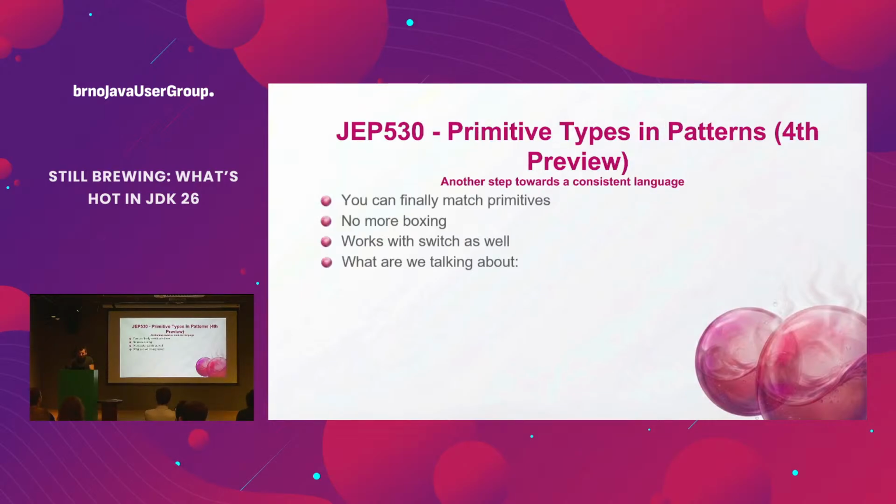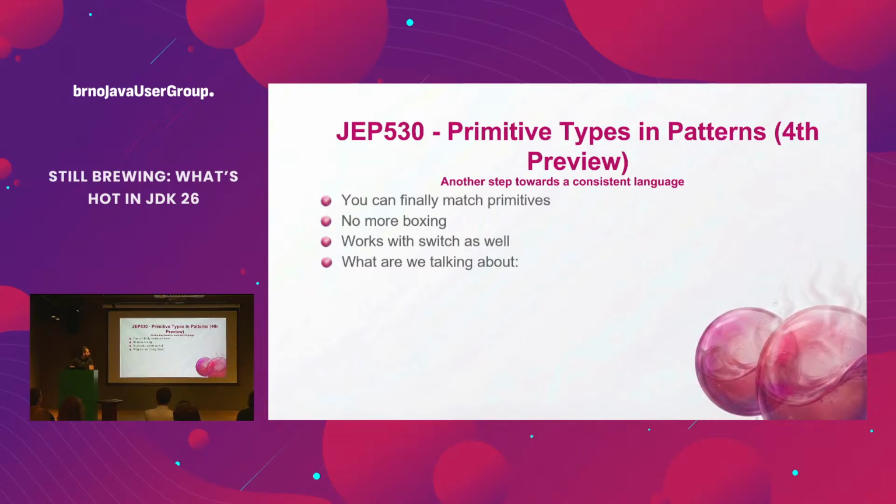So, primitive types in patterns and pattern matching. This one is more or less about Java being consistent, because Java used to not be able to match patterns of primitives, for example int and so on. So this is an attempt to make Java consistent.